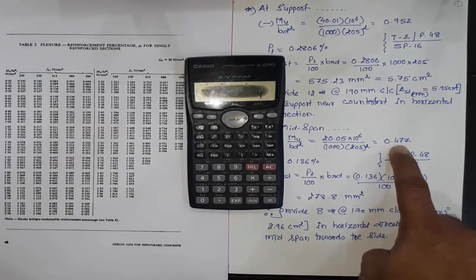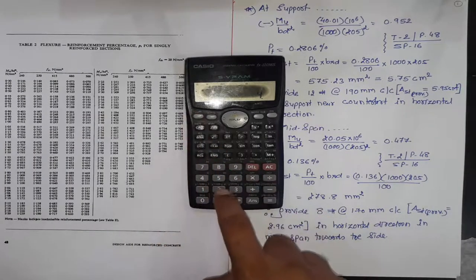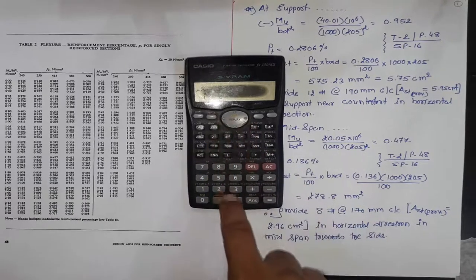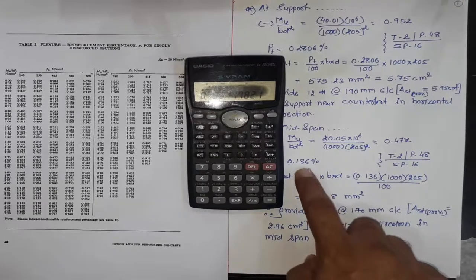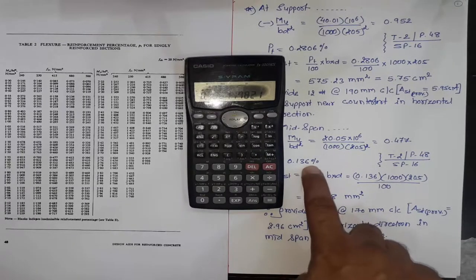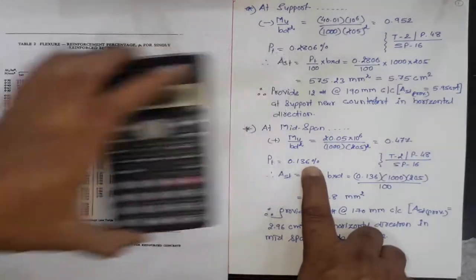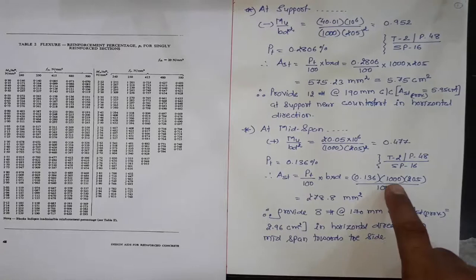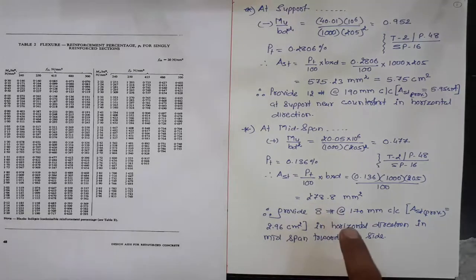Therefore value for 0.477 will be shift to forward, equal to, will be equals to 0.136 percentage. This is the percentage of steel corresponding to effective cross sectional area. Therefore AST will be equals to 278.8 mm square.